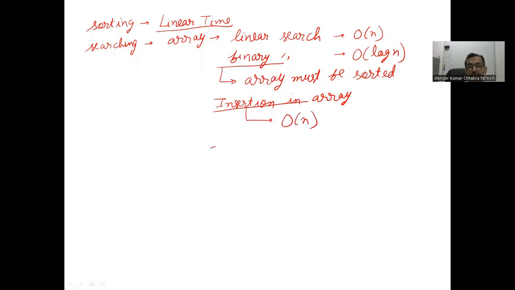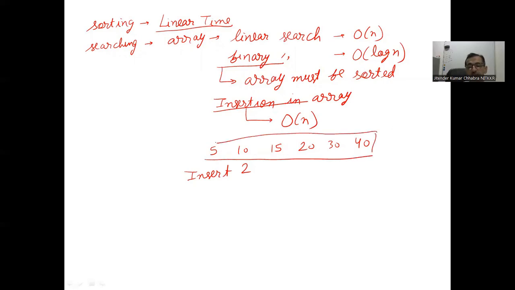For example, if I have values 5, 10, 15, 20, 30, 40, and let's say insert 2. If it was an array, there is no other choice, but you have to shift all values towards right, create a place for 2, and then 2 comes here.